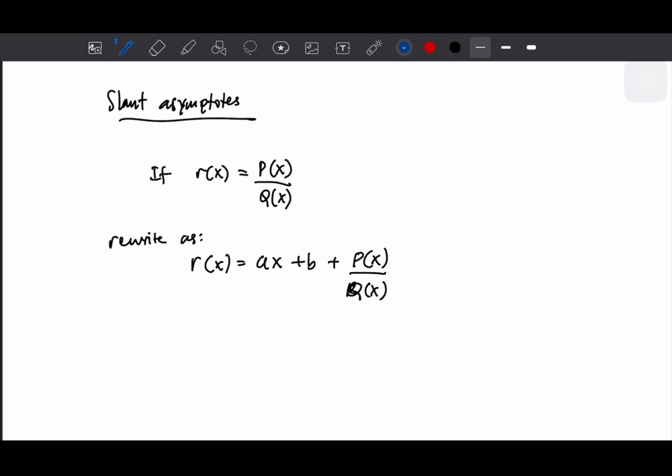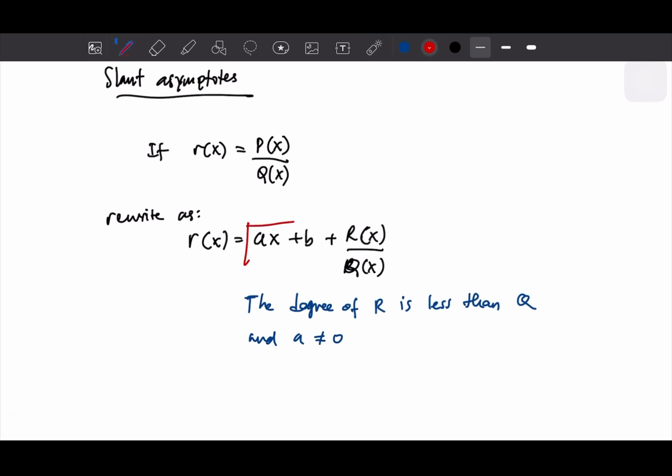Of course, this is supposed to be the degree, it's not P, sorry, it should be R because it's from the remainder. So the degree of R is less than Q and A is not equal to 0. Now this Ax plus B is what we call a slant asymptote, or sometimes an oblique asymptote.